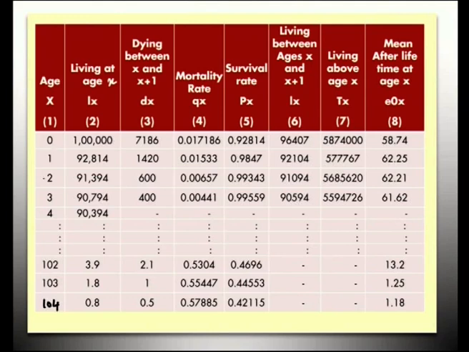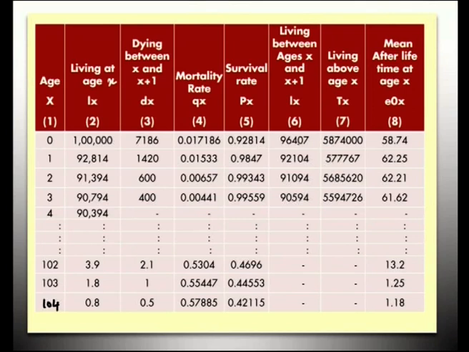The age group starts from 0, that is infant children, 1 lakh. Dying between x and x plus 1 is 7186. So, the mortality rate is 7186 divided by 1 lakh, which is 0.07186, and then the survival rate, like the usual calculations we do, is 0.92814.